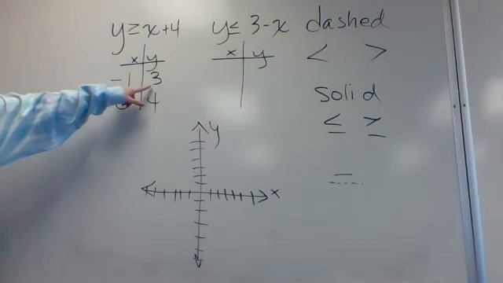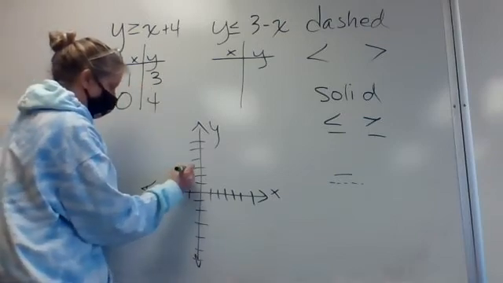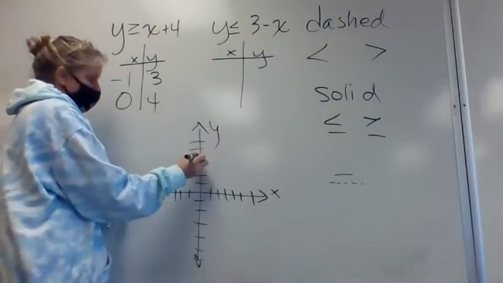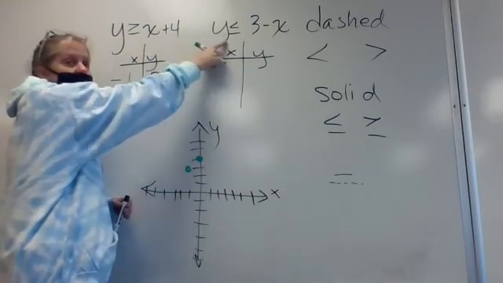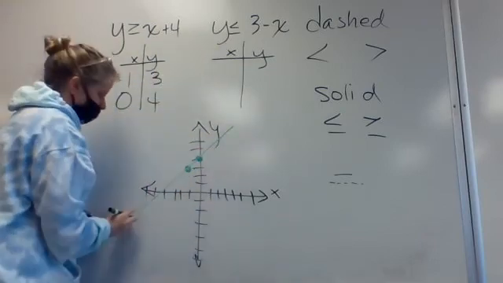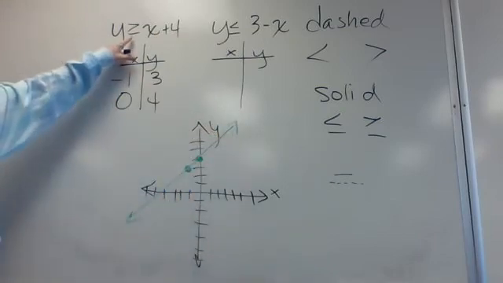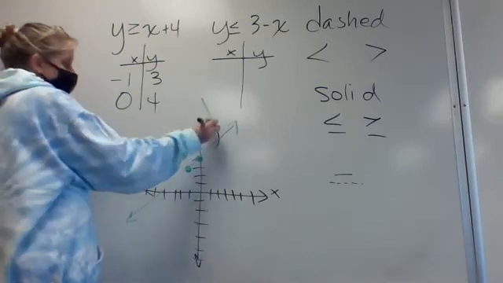To the left 1, up 3. Left and right 0, up 4. And these are both going to be solid lines, right? Since they both have the equal to bar. So my first one says, where is y greater than that line? Greater than means you shade above.